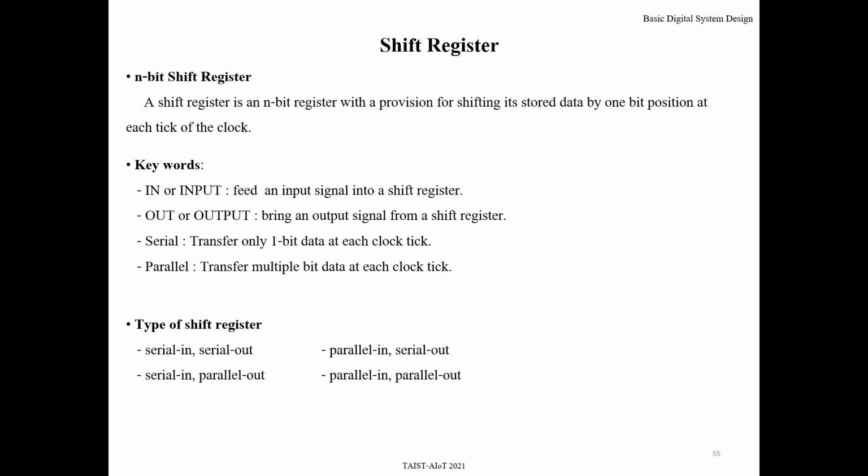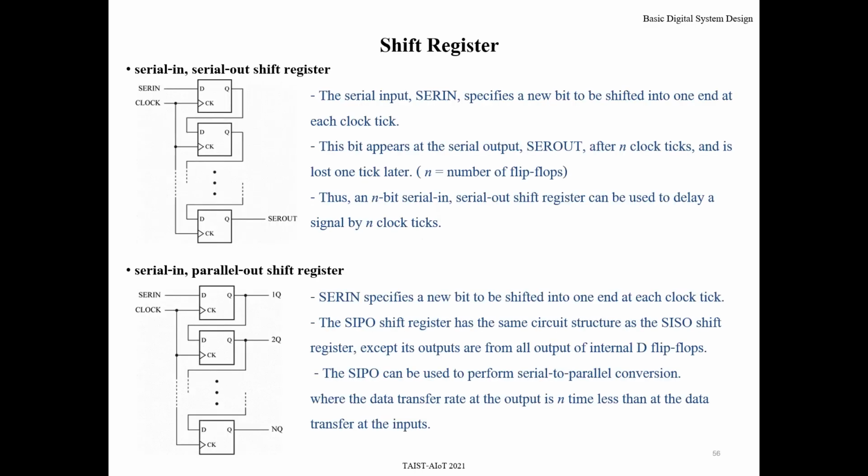Okay. The next CPU device is the shift register. For example, this one. If there are, okay, let's add this one, four D flip-flops using a common clock, that means all of these flip-flops will change or load data at the same time.